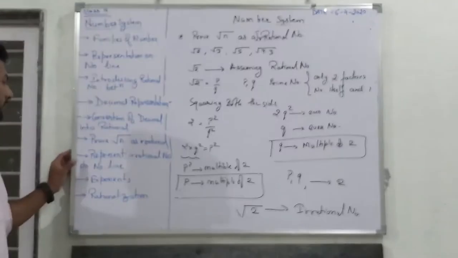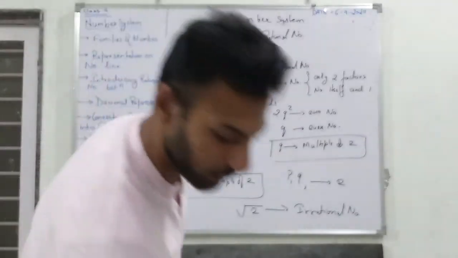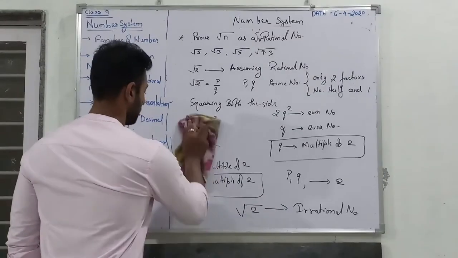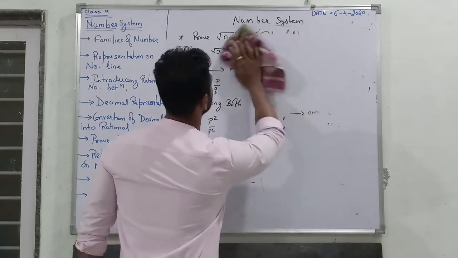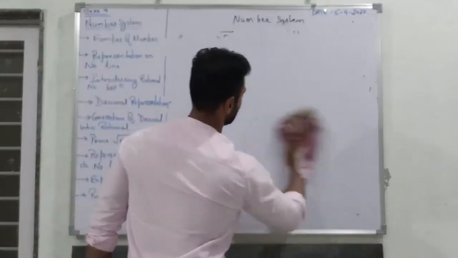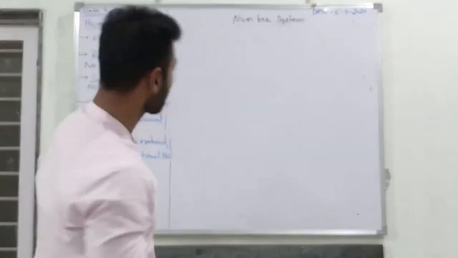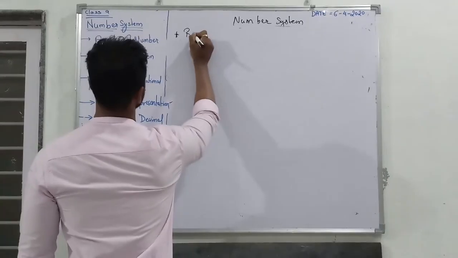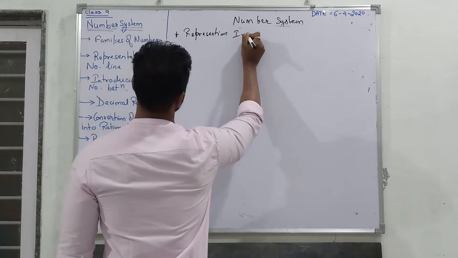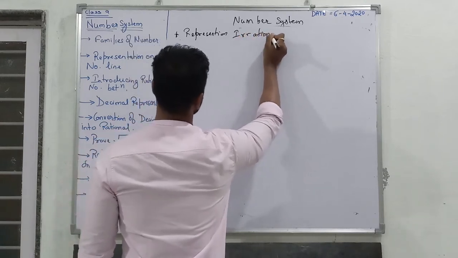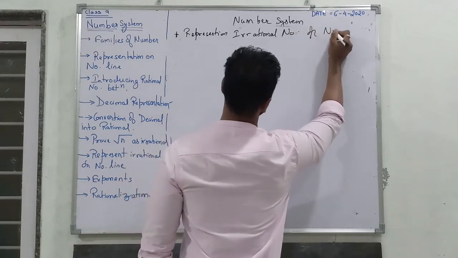Now let us move to the next topic, representing the irrational number on the number line.